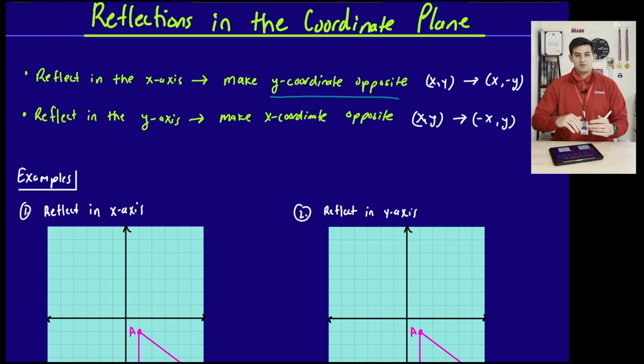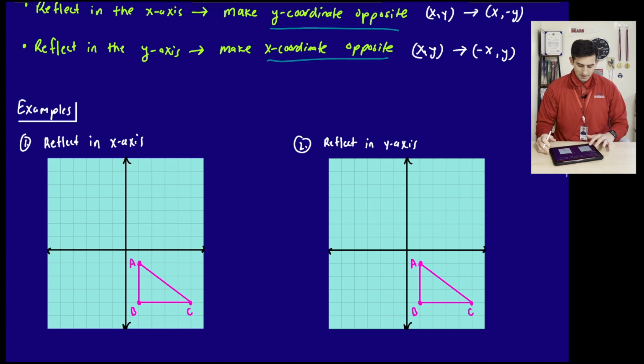So think, for example, if I had the point (2, -3), well, when I reflect it above, the x coordinate is still 2, but now the y coordinate would be +3. So that's why the y coordinate becomes opposite. Similarly, but opposite, when we reflect over the y-axis, then our x coordinate becomes opposite and the y coordinate will stay the same.